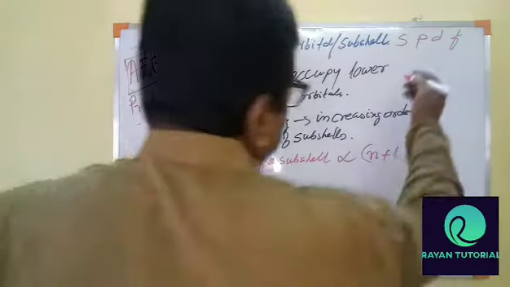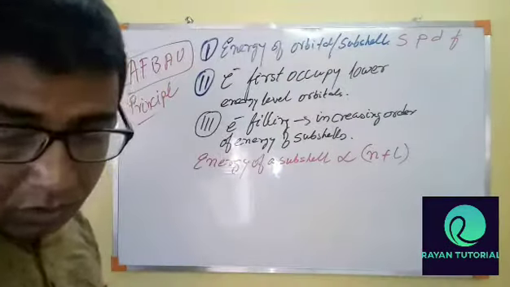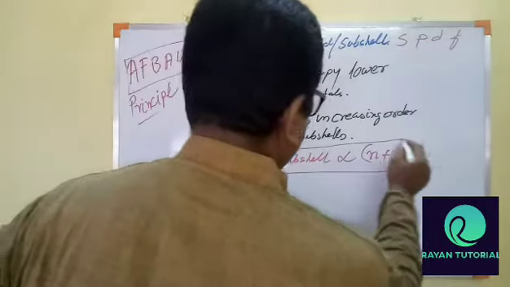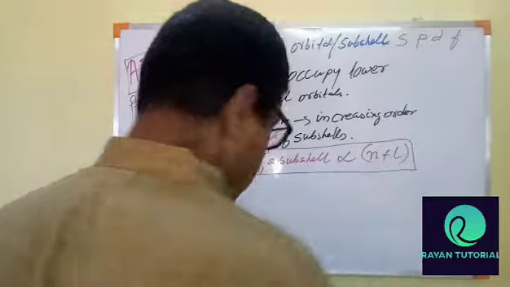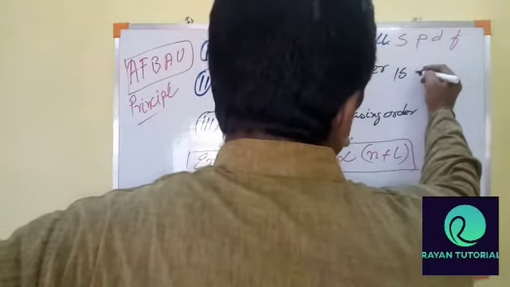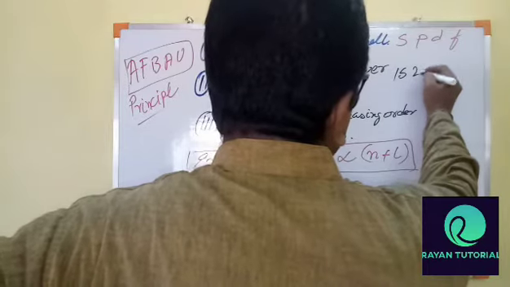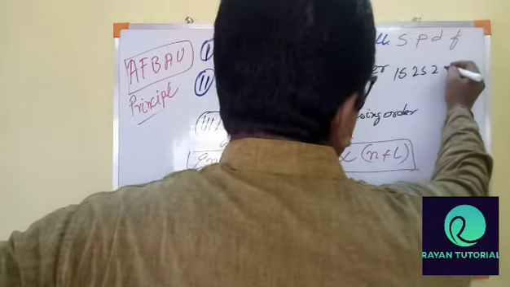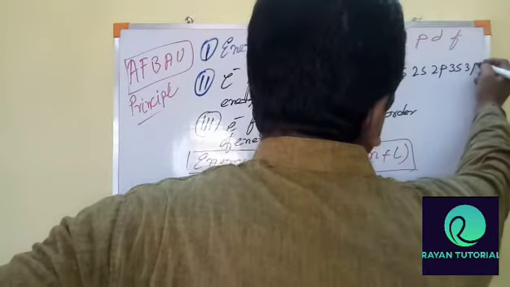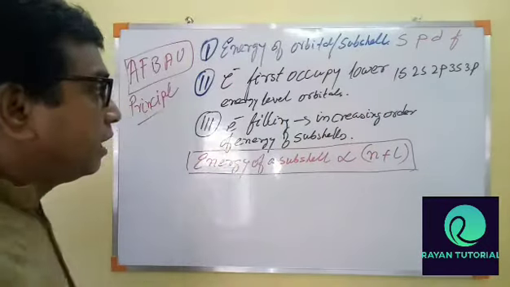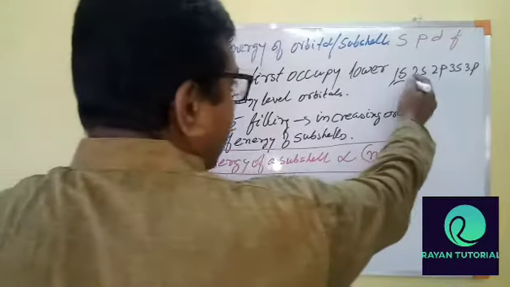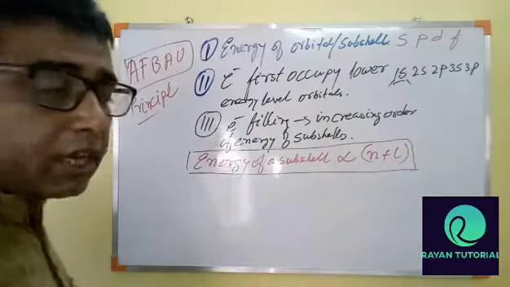We know, like, suppose 1s, 2s, 2p, then 3s, 3p and so on, right? Now see, in 1s, this 1 is N and S is L. Clear?